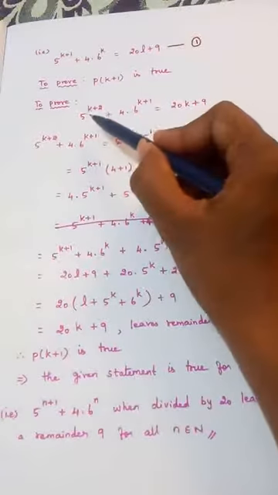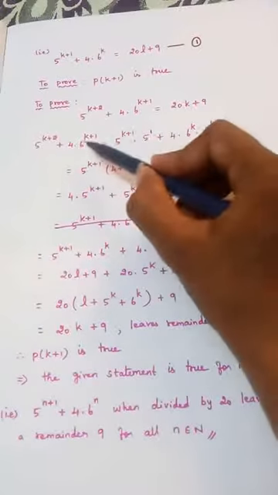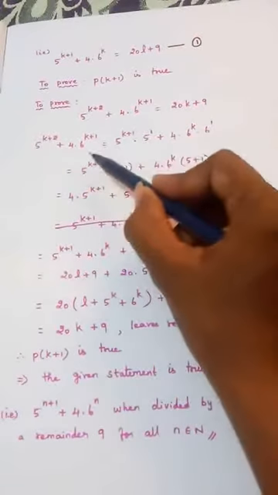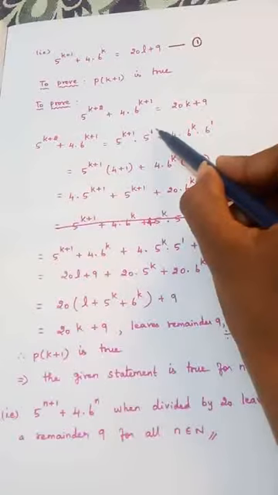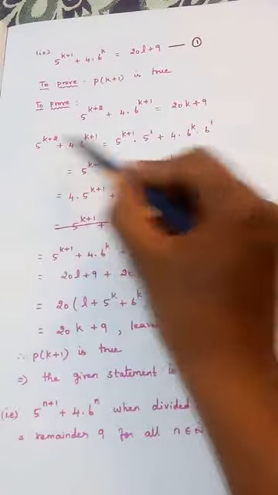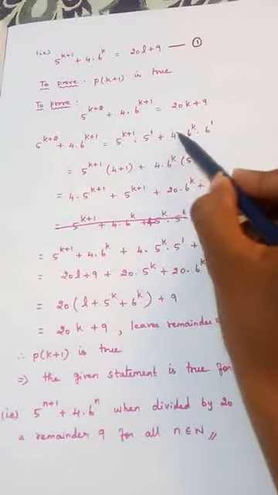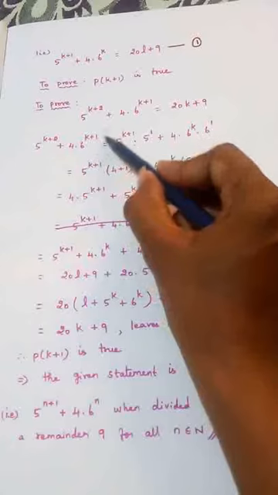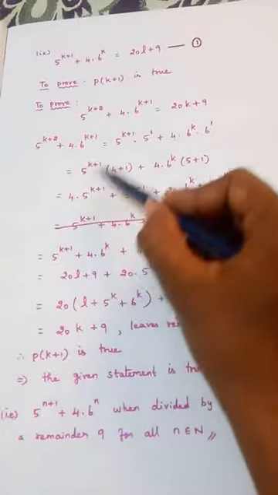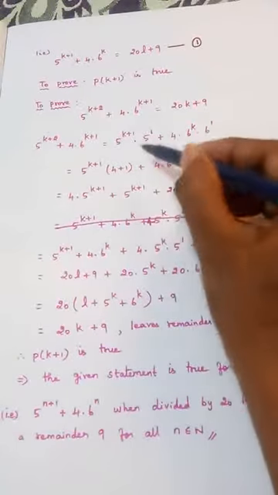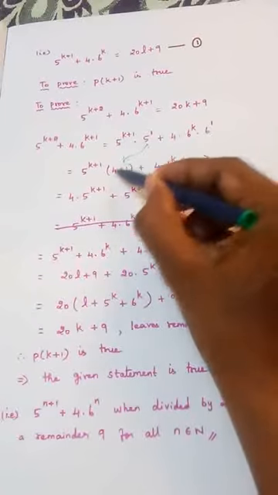For that, what we are doing: taking this LHS, 5 power k plus 2 plus this, k plus 2 is written as k plus 1 plus 1. So splitting k plus 2 as these two terms, plus 4 into, splitting this as 6 power k into 6 power 1. In the next step, in 5 power k plus 1, 5 is written as 4 plus 1.